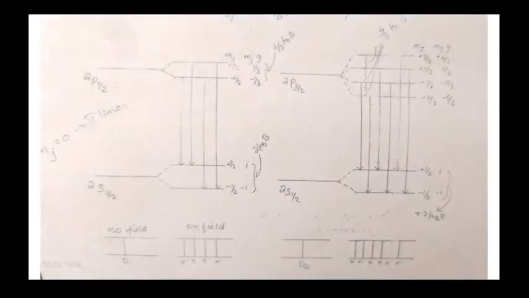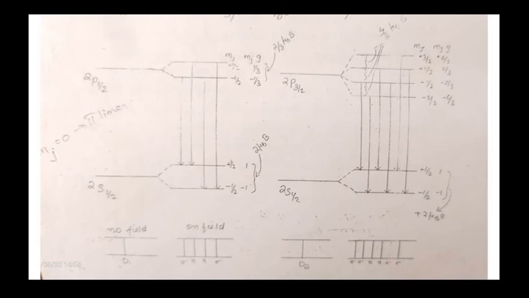And in this figure, the D1 and D2 lines: the D1 line is the 2p 1/2 to 2s 1/2 transition. In the presence of the externally applied field, it is split into 4 lines. That is, 2p 1/2 splits into 2, and 2s 1/2 also splits into 2, and according to the selection rule, we will get 4 components.